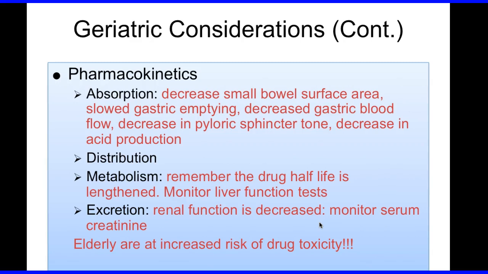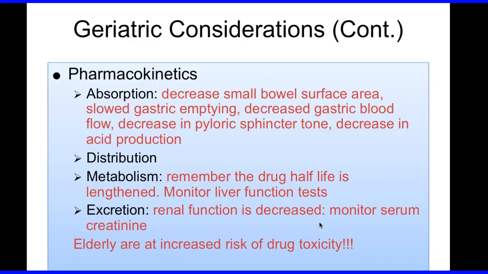So the half-life is lengthened, so it's going to take a lot longer, and that's why they can develop toxicity to the drug. Metabolized, remember most drugs are metabolized in the liver, and if your liver function and liver mass is decreased, that can cause toxicity because it's just not metabolizing the drug like it should. So it can actually accumulate and cause toxicity. So we want to monitor liver function tests for medications.